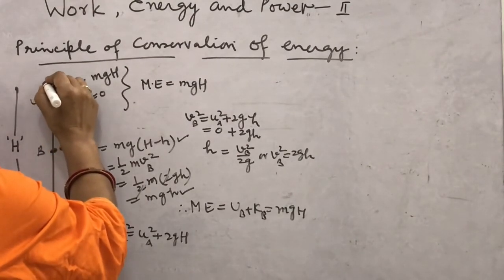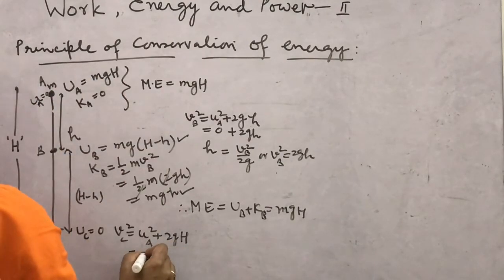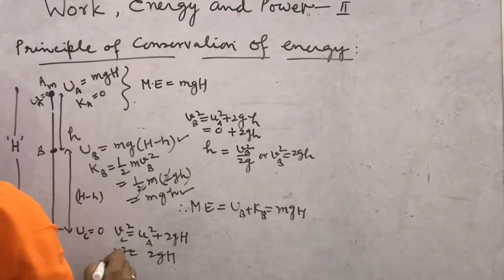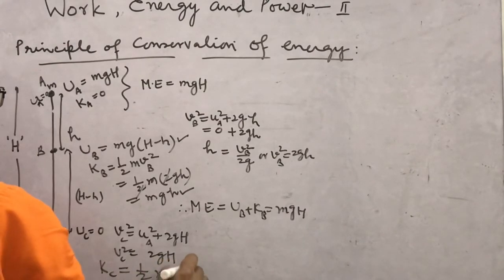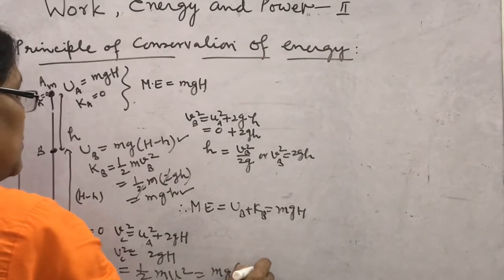So 2gH equals Vc square, and the kinetic energy half mVc square again gives mg into H.